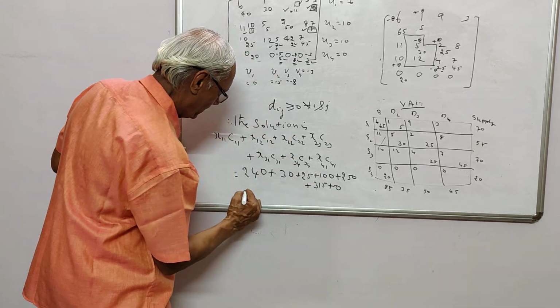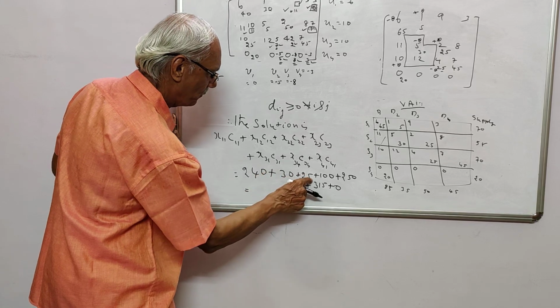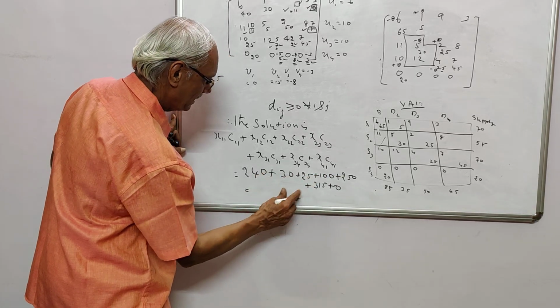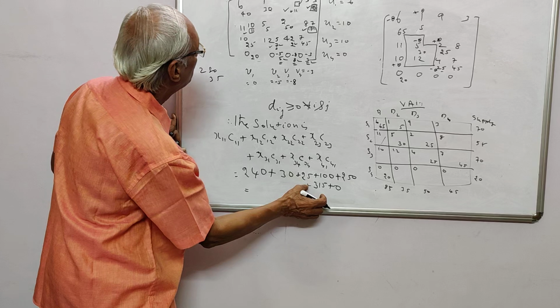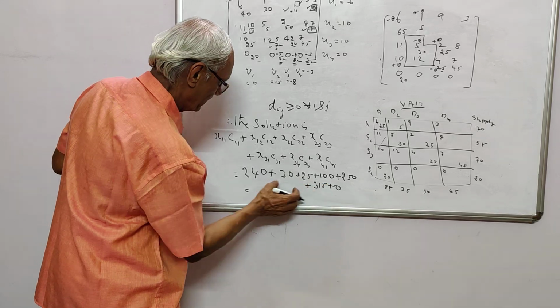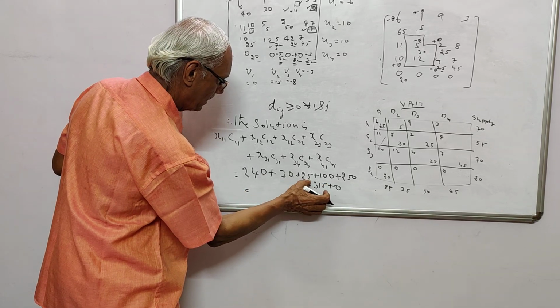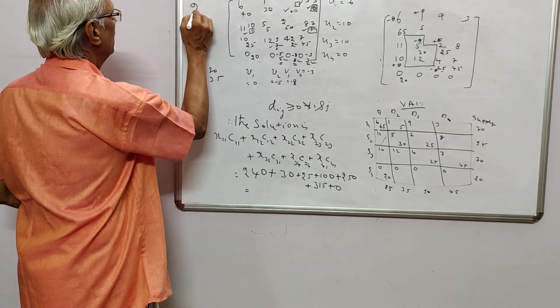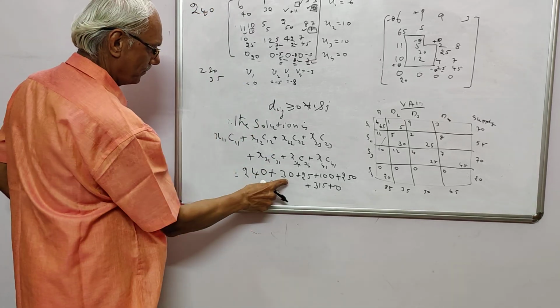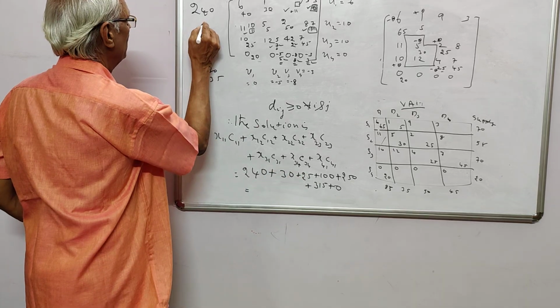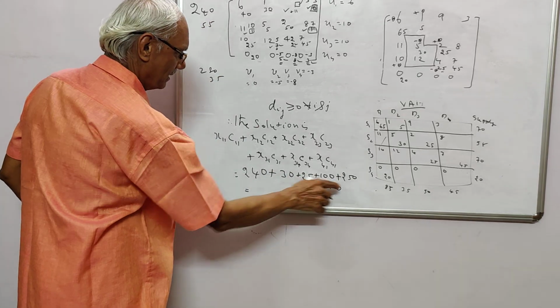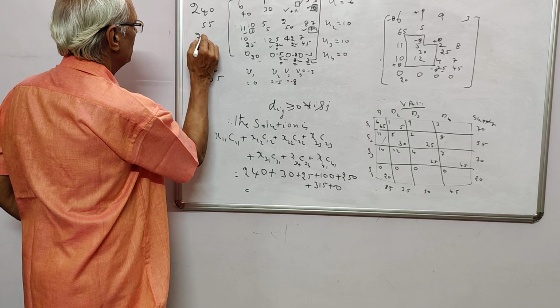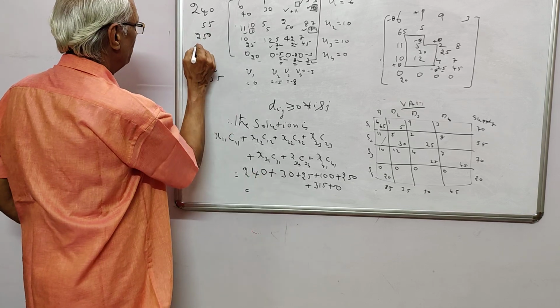So how much will you get here now? 0, 5, it is 5. See here it is, yes, see 0, I will do this here, 240, then 30 plus 25 is 55, then this is 250, then 315.